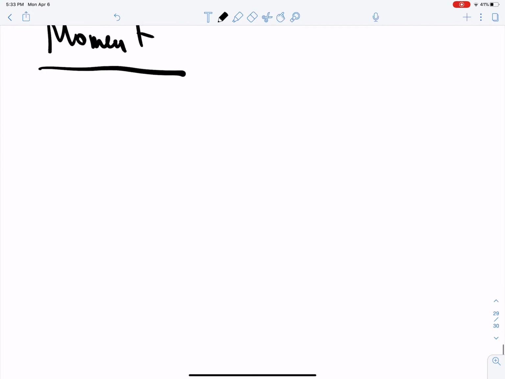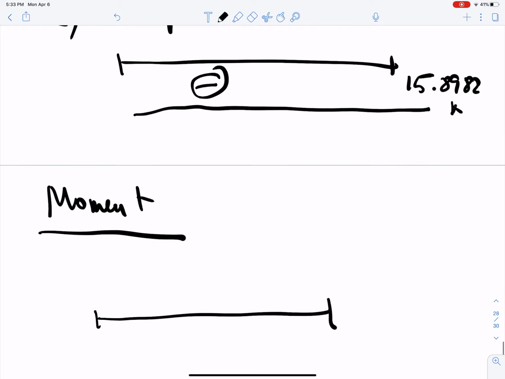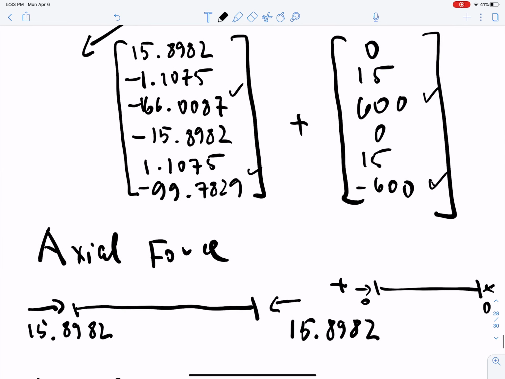If it's just end nodes that are moving, remember that your moment is distributed linearly over the axis of the beam. Okay, and so you draw the element. Right. You look at the entries of this vector. Okay, get minus 166, right?